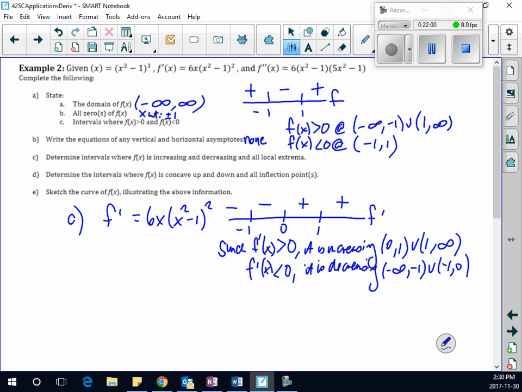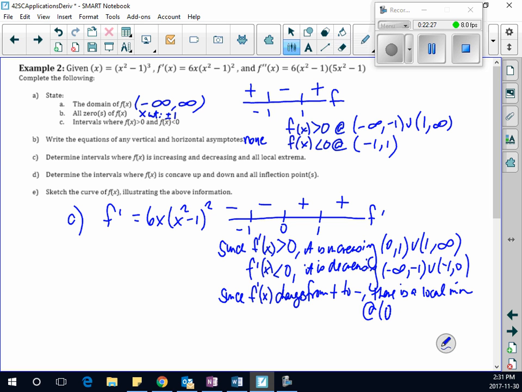Okay. So what about local extrema? Since f prime of x changes from positive to negative, there is what at 0? A local minimum.